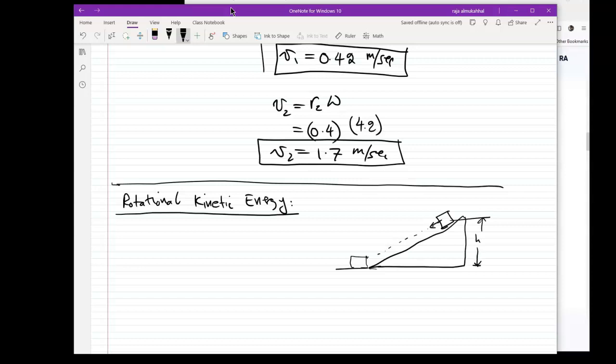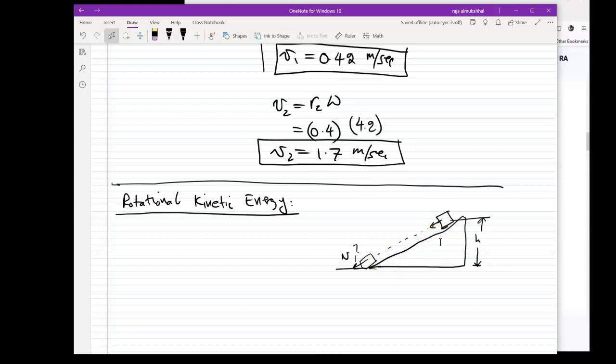And I ask you, what is the speed of the box, let's say, right before it reaches the bottom, right here, the velocity of it. Okay, so we can easily, and remember, we are saying that there is no friction. I'm making a very simple assumption here.